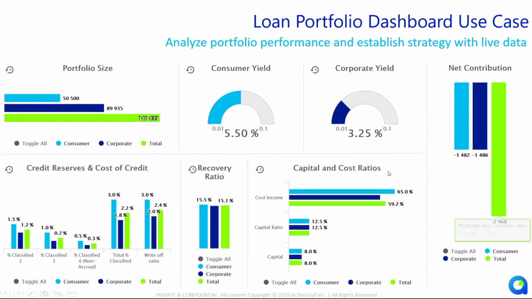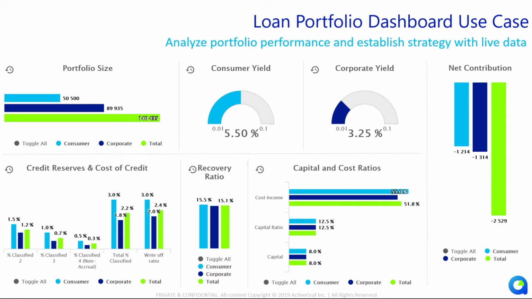Also, we can look at our capital and cost ratios and say, well, cost income ratio in consumer, which is the light blue, 65% is quite a high cost income ratio. Why don't we change that to 55% and take the corporate 56% cost income ratio to 50%. Now this obviously involves reducing resources required to run this portfolio.